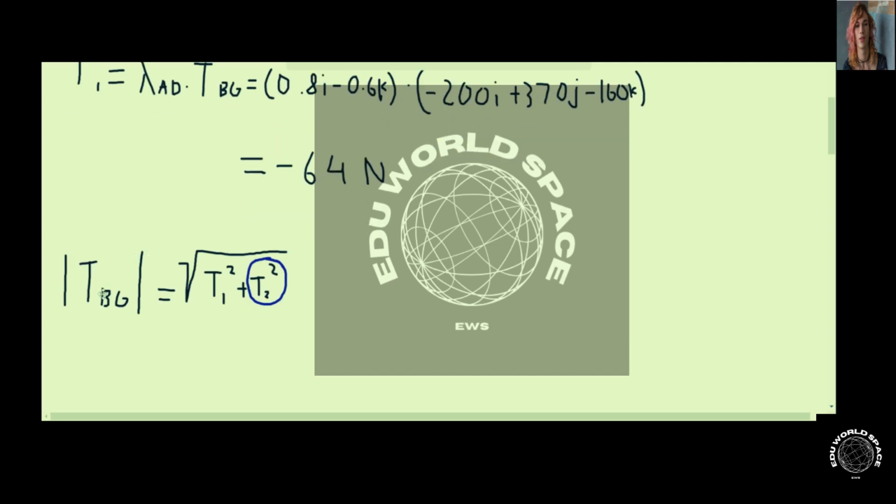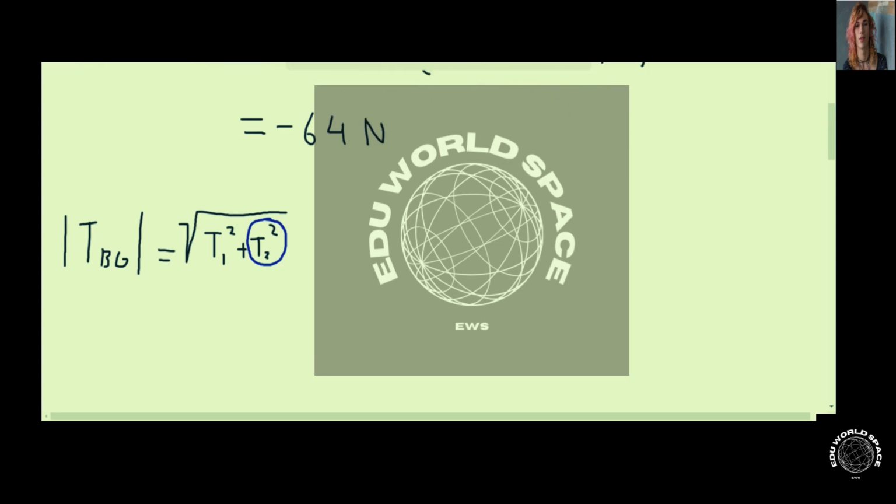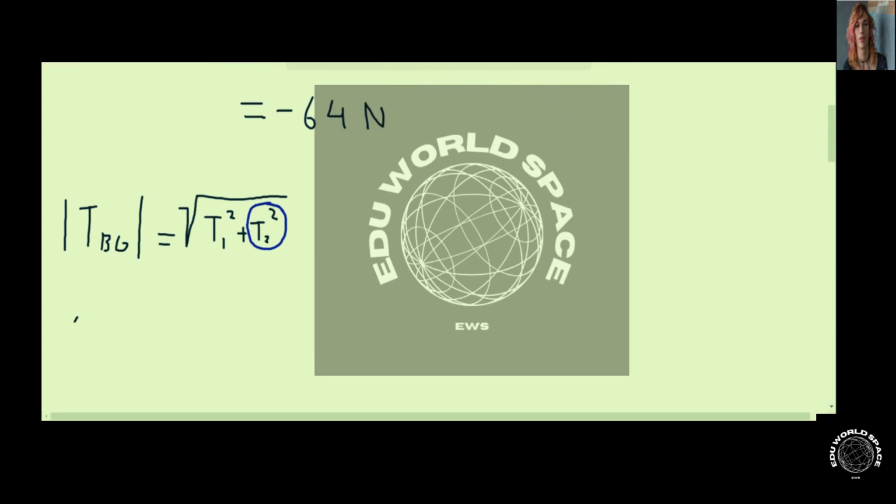So we're given the magnitude, and we've already calculated T1. So by plugging in, we can get 450 is equal to the square root of negative 64 squared plus T2 squared.